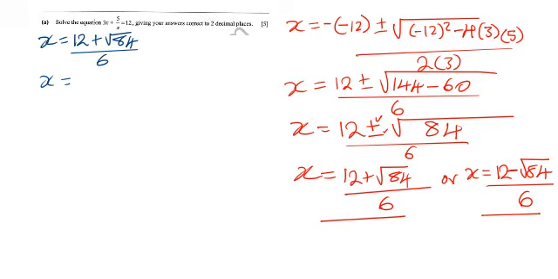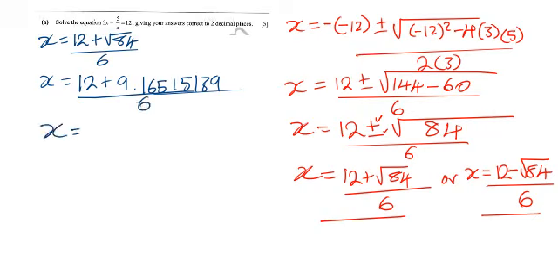So the root of 84, we are going to get 9.1651513, so we have 12 plus 9.1651513, everything divided by 6. Your x will be equal to, now you add 12 plus 9.1651513, it will give you 21.1651513, like that, over 6.